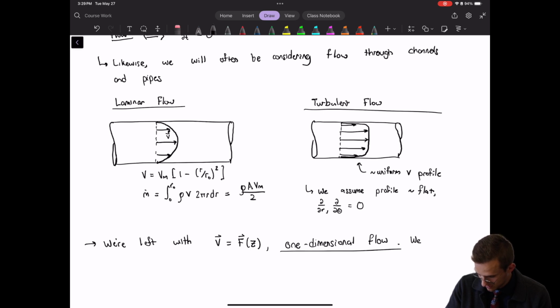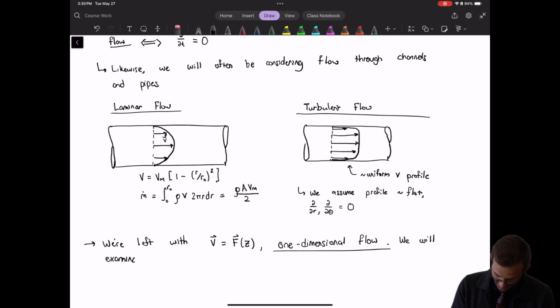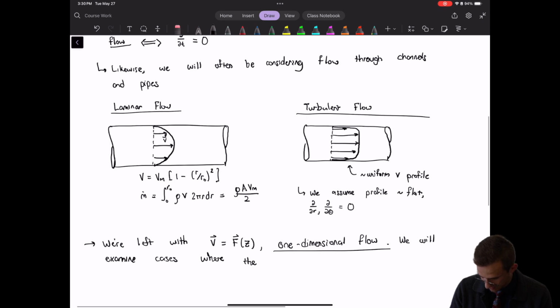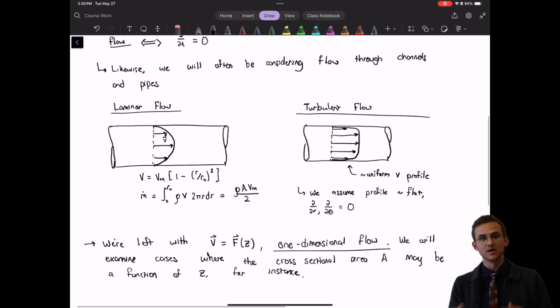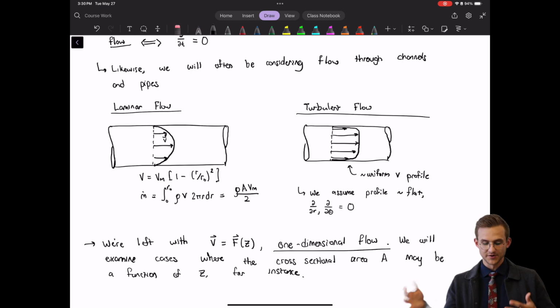We will examine cases where the cross-sectional area A may be a function of z, for instance. So that's why the flow velocity field might change as a function of z.